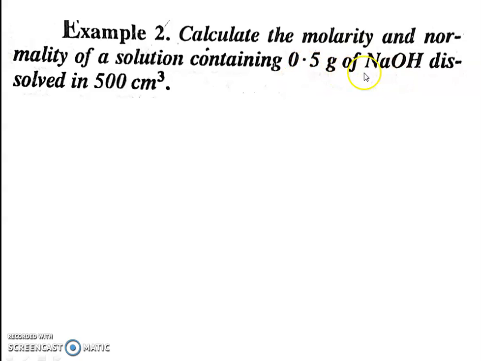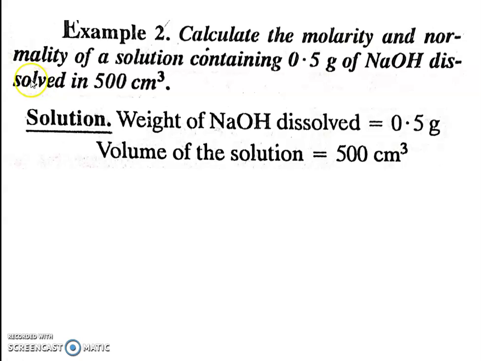Now here weight of solute is given. Solute is sodium hydroxide and its weight is 0.5 gram and it is dissolved in 500 cubic centimeter of solution. The weight of NaOH is given, 0.5 gram, and volume of solution is 500 cubic centimeter.